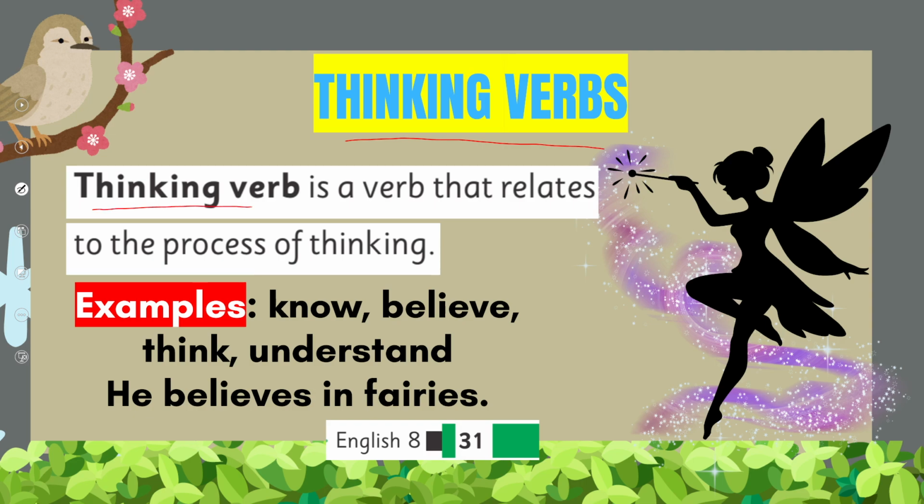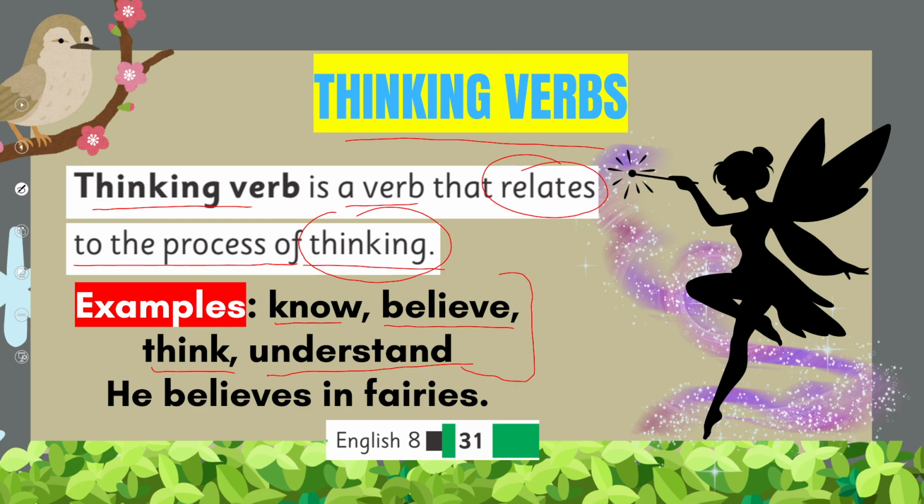A thinking verb is a verb that relates to the process of thinking. For example, know, believe, think, understand, all these are verbs. They are happening inside the mind, so they are mental kinds of verbs, but they are related to thinking, so we call them thinking verbs.